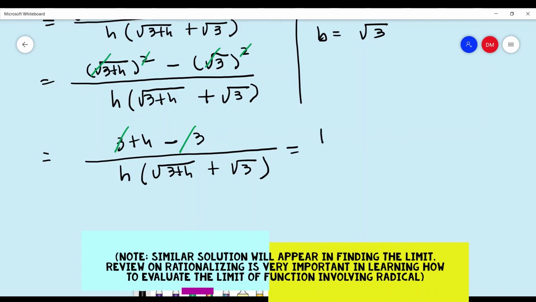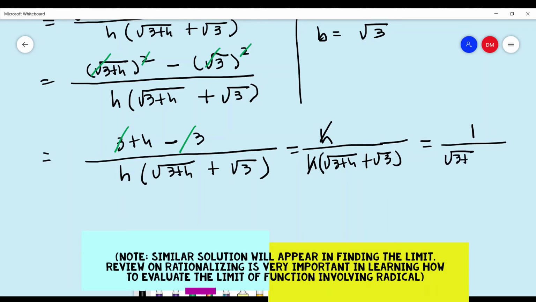Now we will have h over h times, open parentheses, square root of 3 plus h plus square root of 3, close parentheses. Now we have here h divided by h, that is equal to 1 over square root of 3 plus h plus square root of 3. So that is the answer.